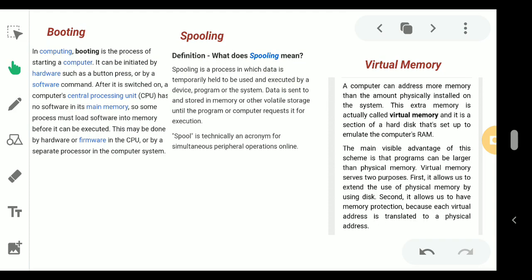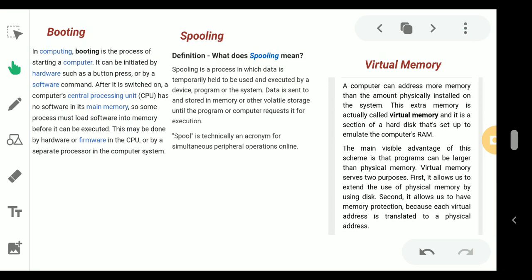Just remember that warm booting is performed by pressing the Control Alt Delete keys, because many times in MCQs they will ask what the shortcut key for warm booting is, or they will give you key combinations and ask which one is used for warm booting.